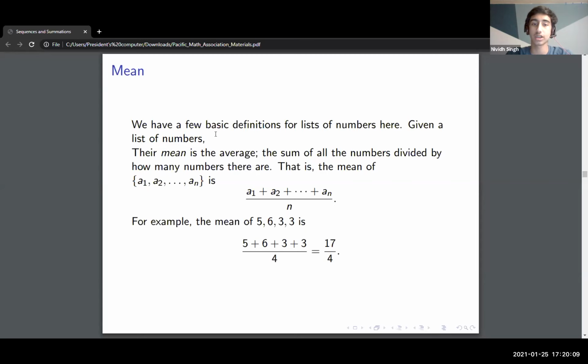So there's 4 numbers. In order to find the mean, we add the numbers together, 5 plus 6 plus 3 plus 3, and then we divide by the number of numbers, which is 4. So the total sum is 17 divided by the number of terms, 4, and that gives us the mean, which is 17 over 4.